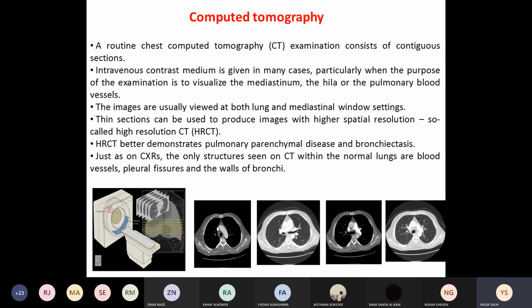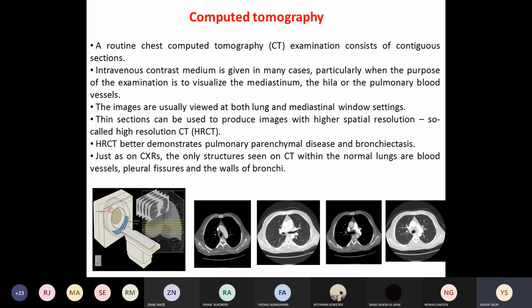Intravenous contrast medium is given to the patient especially when we are interested in the mediastinum, the hilum, the pulmonary vessels, or for assessment of a lesion. We give contrast for demonstration of the blood vessels, for assessment of the mediastinum in general and the hilum, and, if there is a lesion, for characterization of the lesion. In this case we call it contrast-enhanced CT, meaning CT with contrast.